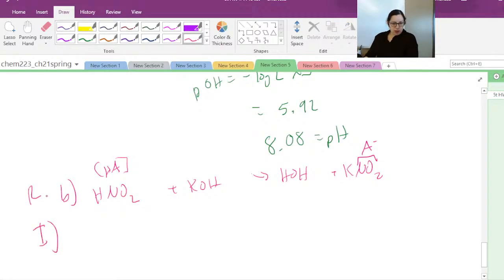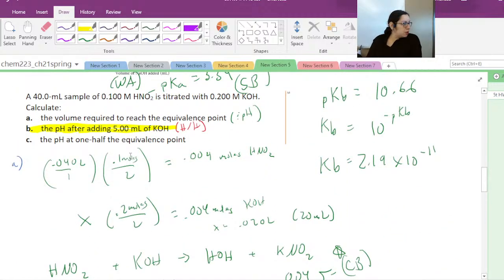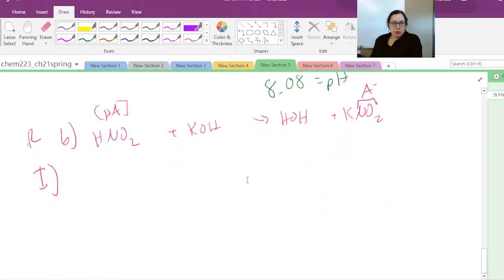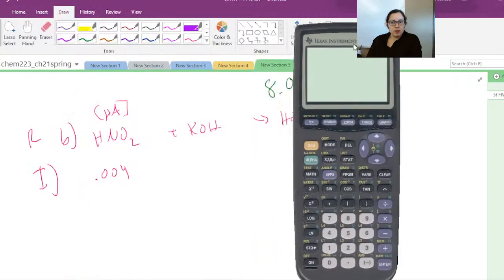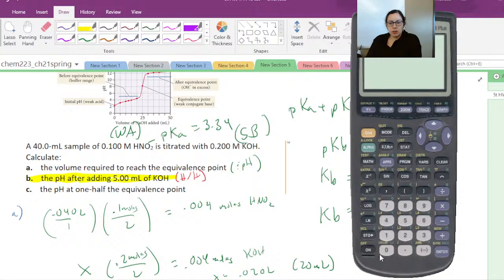All right, so let's look at our initial moles. And well, I guess we can use what we found, right, from our first part. So we still have 0.004 moles of our nitrous acid. And then how many moles of KOH do we have? So 5 mL, so 0.005 times molarity.